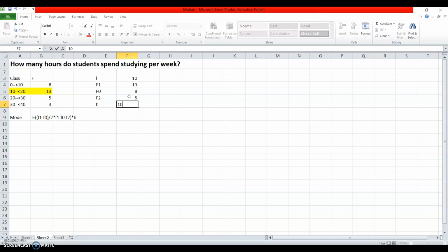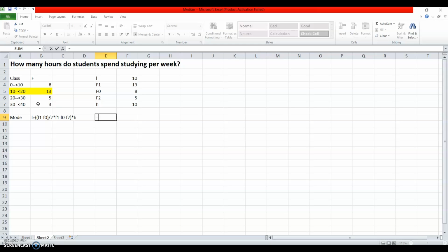Okay, so now we have the values of our parameters, and now we can go ahead and generate our Excel formula. So first we type equal. So as we see here from the formula, we have first L and then plus. Here is a fraction. The numerator is f1 minus f0.